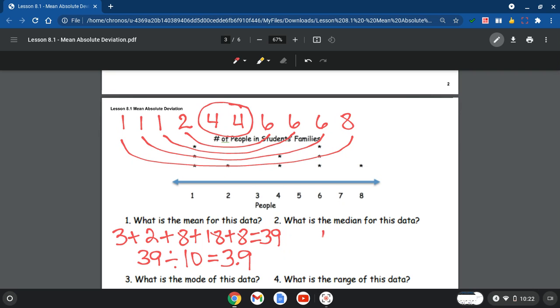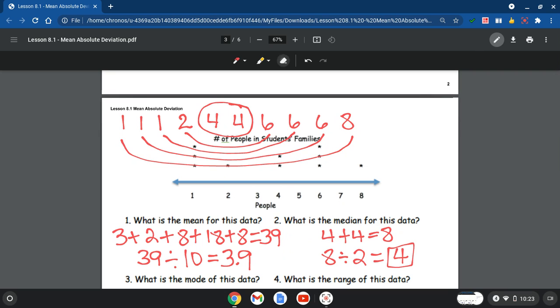So 4 plus 4 equals 8, and then 8 divided by the 2 numbers that we had gives us 4. Obviously, the median would be the 4 because the average between 4 and 4 is 4.